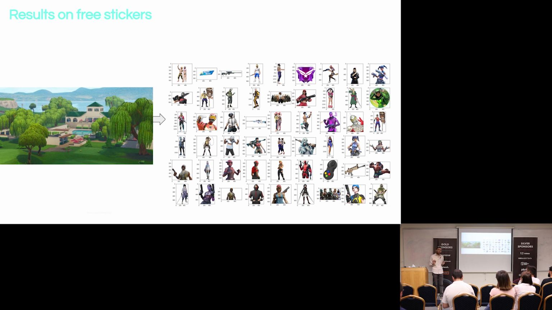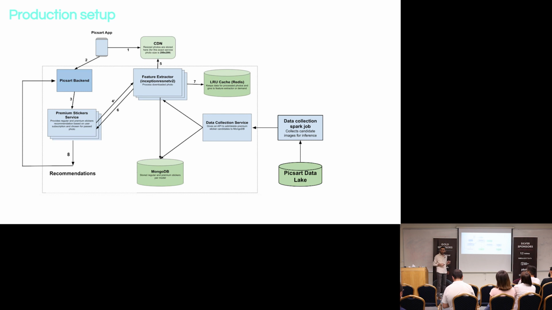So for the training data, is there any heuristic for choosing images? Do you take the images where you have as many objects as possible inside, or do you take them randomly? No, we didn't take images randomly for training. As I said in data collection, we use stickers that our users liked the most throughout the whole history of PicsArt.